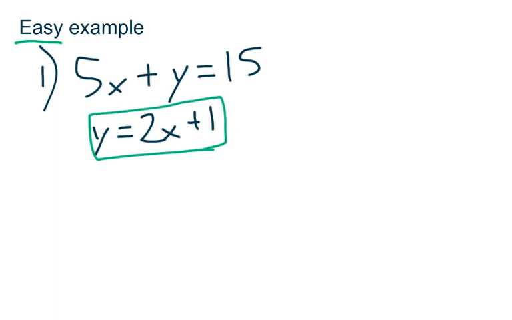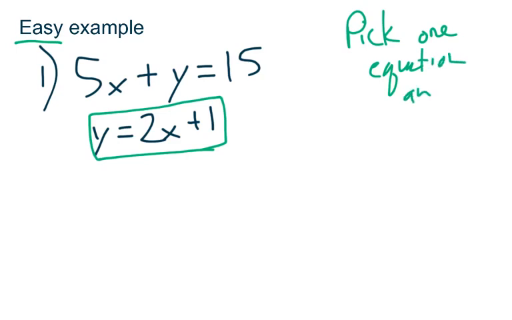And so that's the goal: pick one equation and solve for x or y. Which variable do you want to solve for? The one that's easier to solve for. And this one, it's already there.